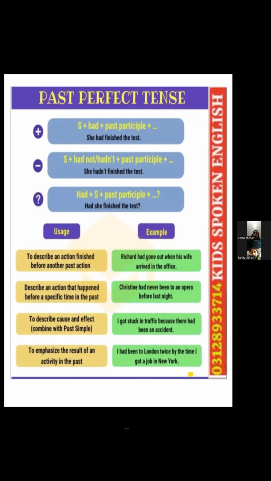So when we arrived, the train had left. When we arrived, the train had left. So, past in the past. Ma'am, not visible? Check it now. So is it clear to you now, Shariz?